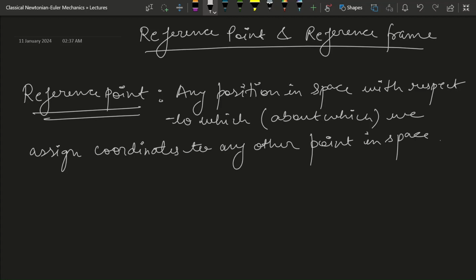So that's how we define reference point. Any position in space with respect to which we assign coordinates to any other point in space.